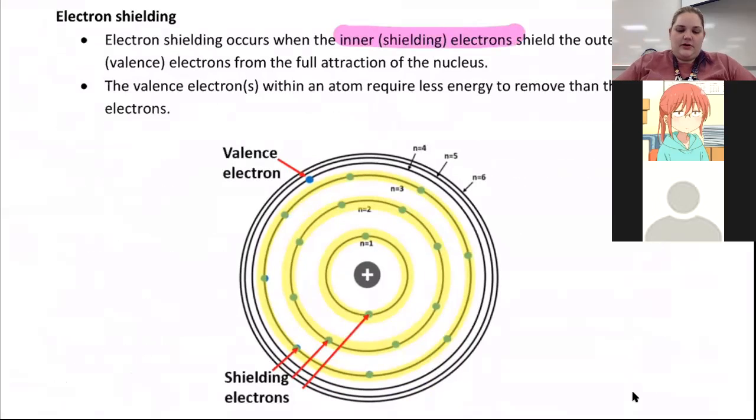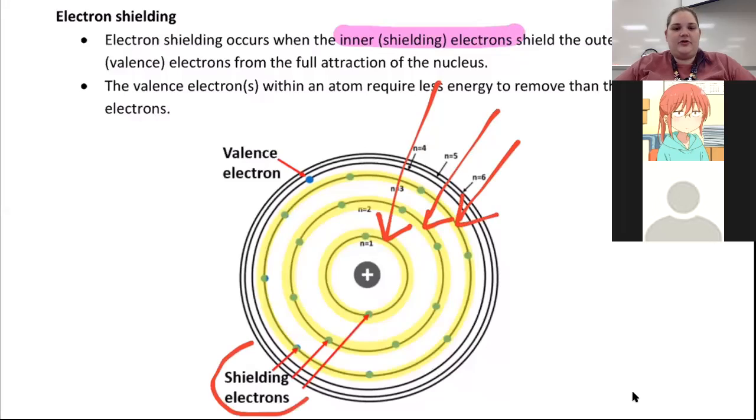On this image down here, the first, the second, and the third energy level that are highlighted in yellow all contain shielding electrons because they are inner energy levels. Out here, the very last one that actually contains electrons on this picture is the fourth energy level, because here's the valence electron right here.